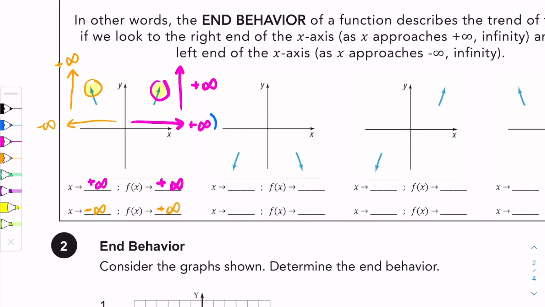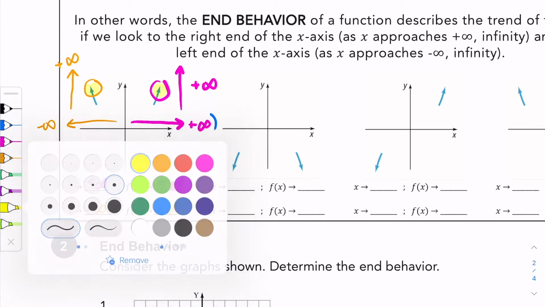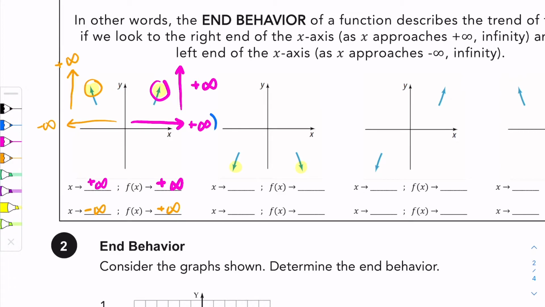All right, the second one, both ends of this graph face down. So as x heads towards positive infinity, the graph is heading down towards negative infinity. And as x heads towards negative infinity, the graph is still heading down towards negative infinity.